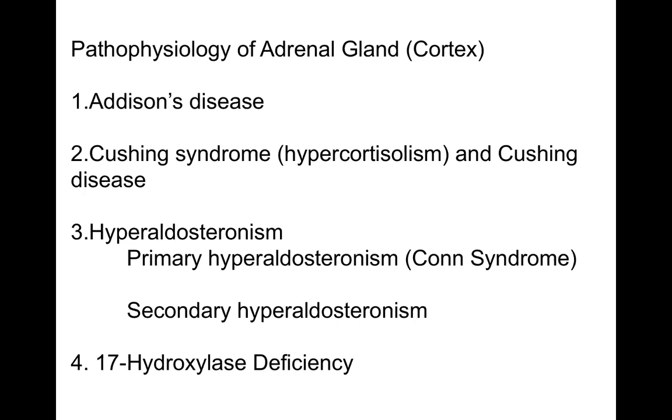The cause of aldosterone hypersecretion is almost always an adrenal adenoma. But in some cases it might be due to adrenal carcinoma or hyperplasia, or sometimes it can be ectopic and we do not know the reason why.